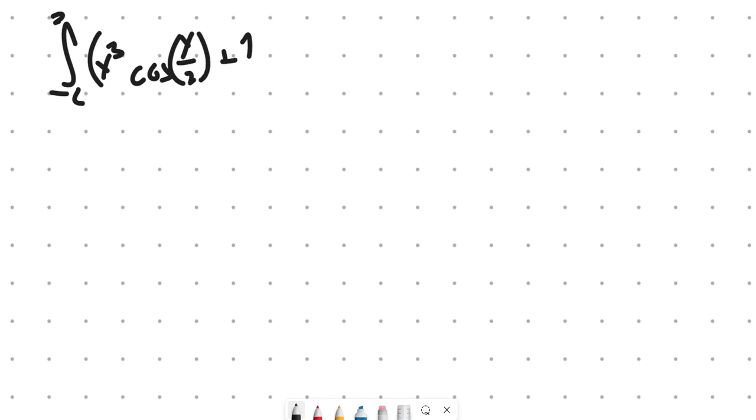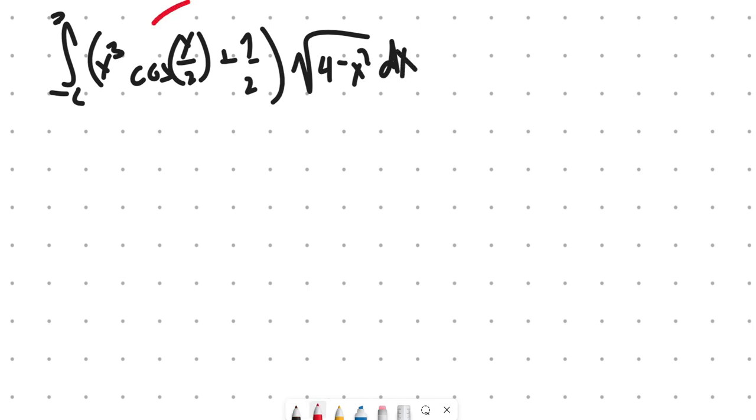So we have the integral from -2 to 2 of (x cubed cosine(x/2) + 1/2) times the radical of 4 minus x squared dx. Now, through the distributive rule, we can split this into two integrals using the sum rule.